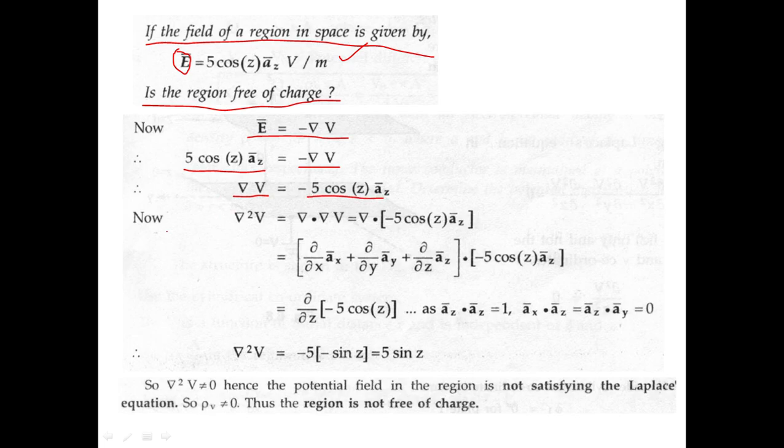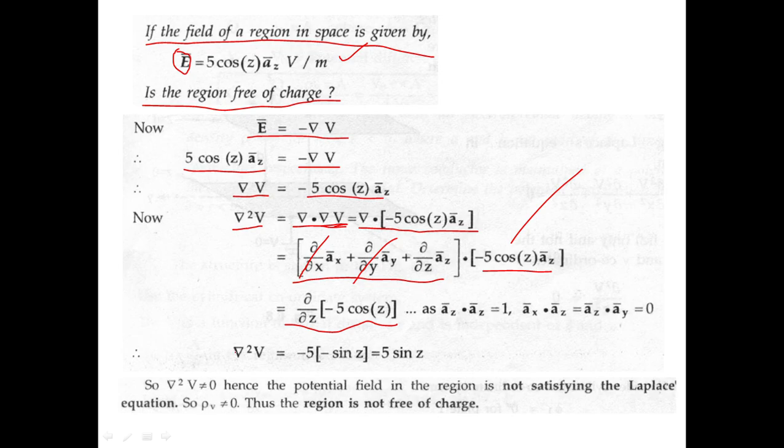Now we need to find del square V, so I take the dot product of the del operator and this gradient of V. When you solve those two, we get only this equation, because it has only az cap. So the other terms will not be required.